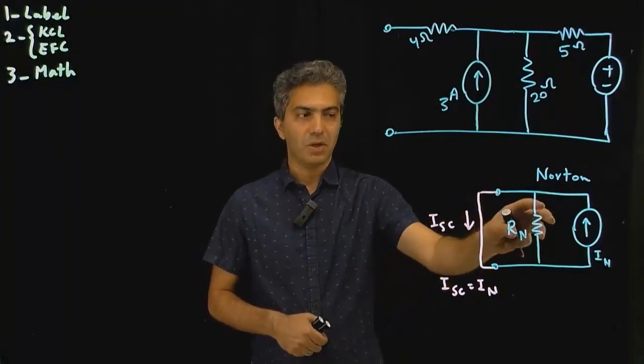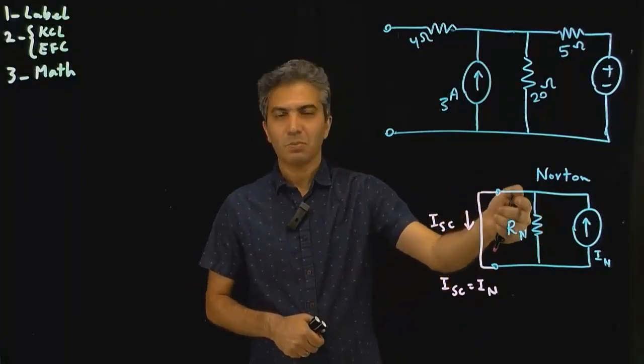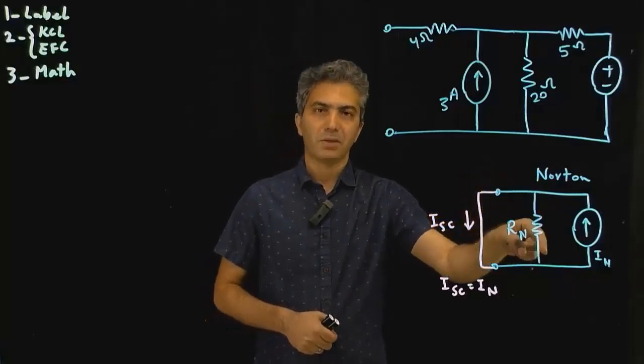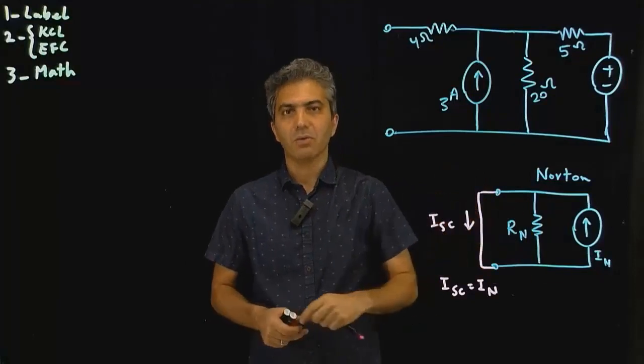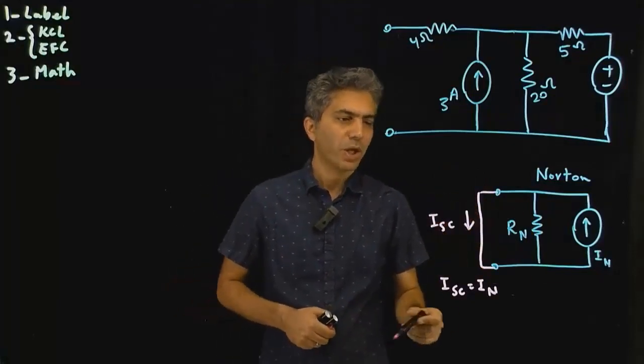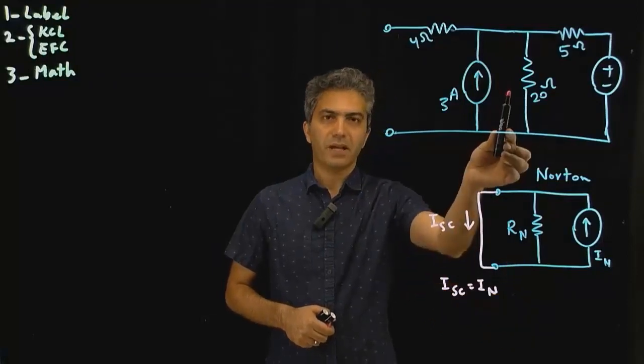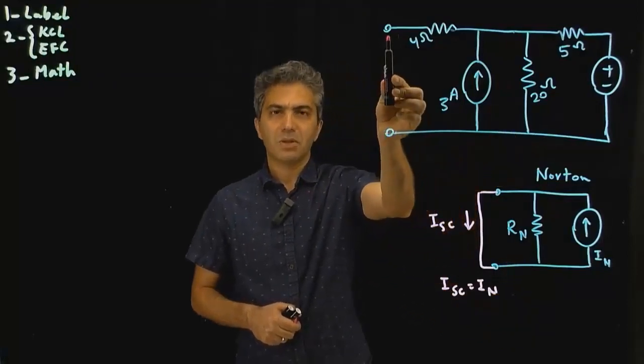When you say we are shorting out a component, what it means is really that the current that would otherwise pass through that component would now go through that short. Okay, so if that's the case for this hypothetical model of that circuit, then the same thing has to be true with this circuit.